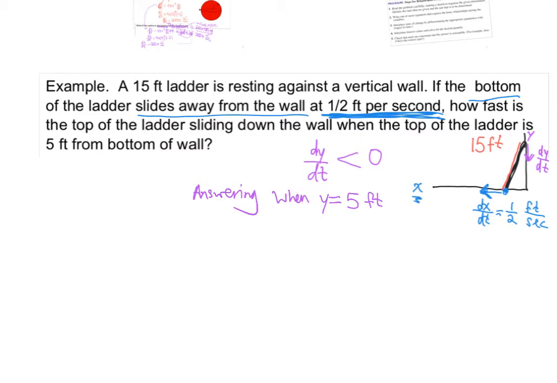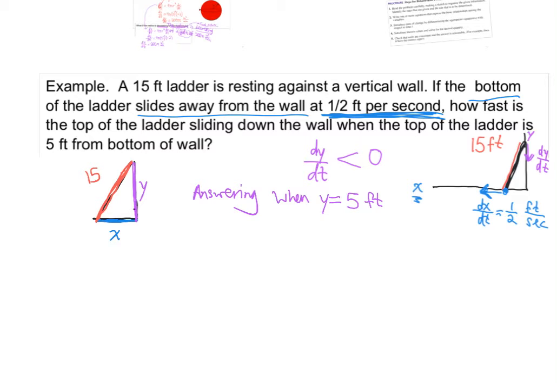Okay, so let's see. What do we have? We have a right triangle, and we're saying that the bottom, or the horizontal leg, is called x, the vertical leg is called y, and we're saying that the hypotenuse of this right triangle is 15.